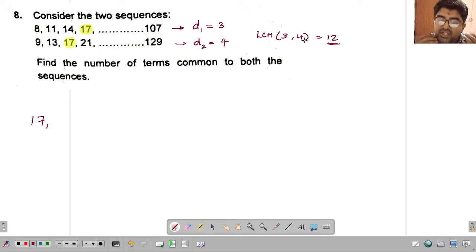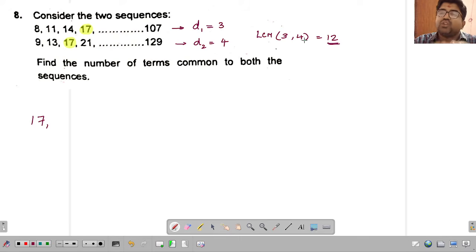If you are going to frame a sequence here, that sequence which I am going to write comprises only those common terms. Listen carefully to what I am saying.